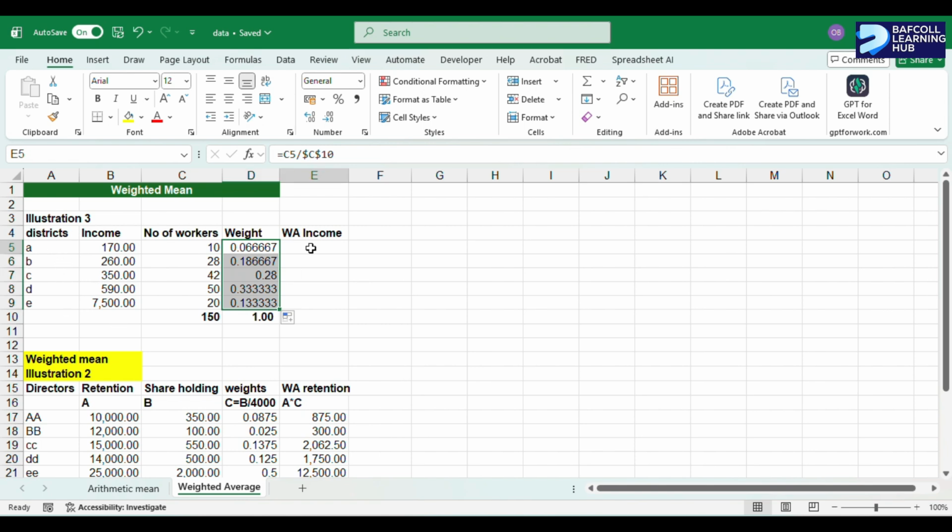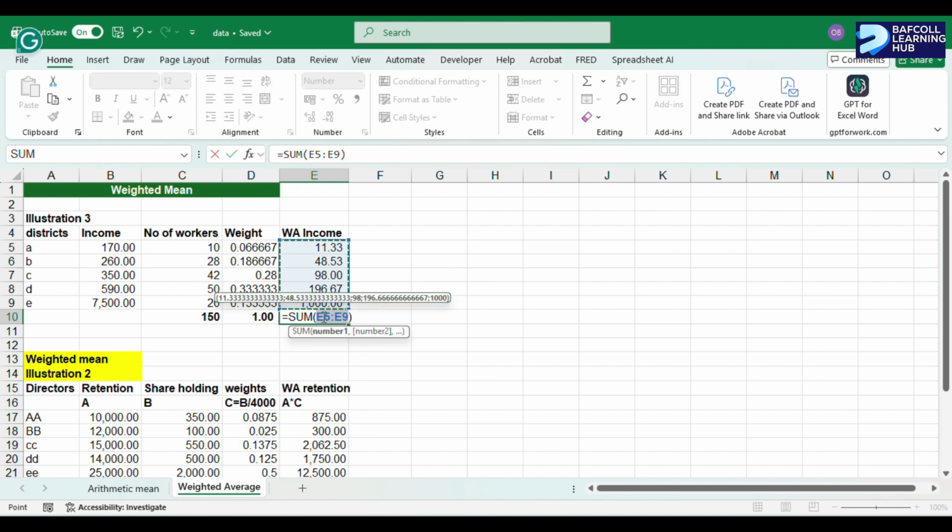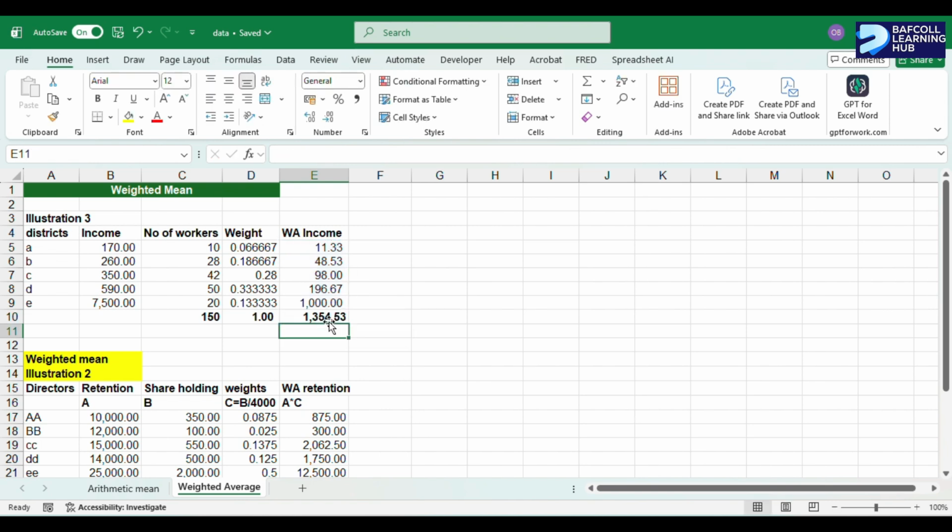I can go ahead and compute the weighted average income. The weighted average income is going to be equal to the weight multiplied by the respective income. Then I can drag that down. Then I can go ahead and compute the total weighted average income. That's it over here.